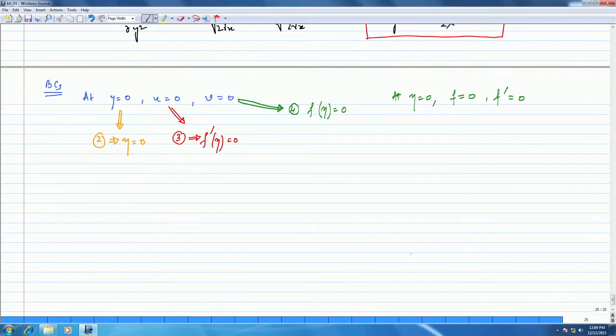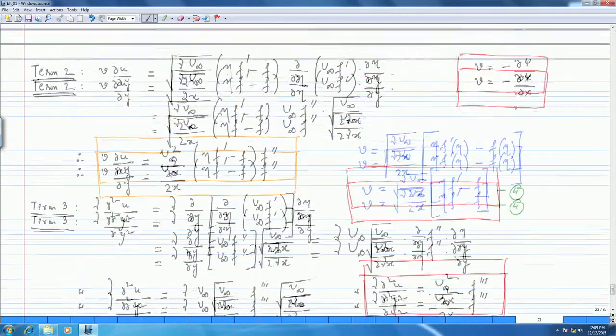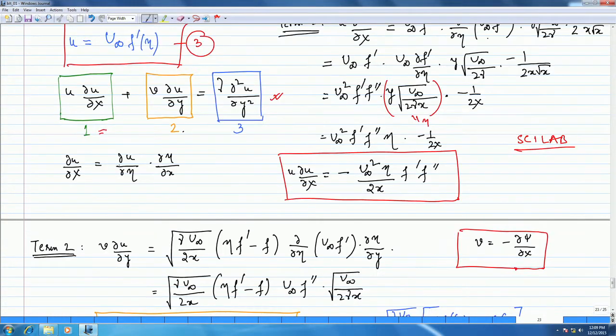Then another boundary condition is that at y far off, u is the free stream. So now at y equal to infinity, if y is very large, what do we get here for eta?